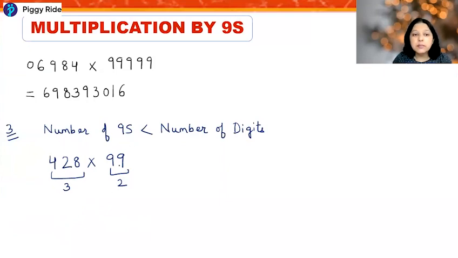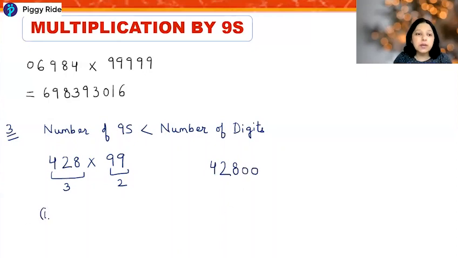You count the number of nines. How many nines? 2 nines here. So whatever number of nines you have, the same number of zeros you put in the given number. Like 428, you put 2 zeros at the end of this number. So now the number is 428 and double 0.